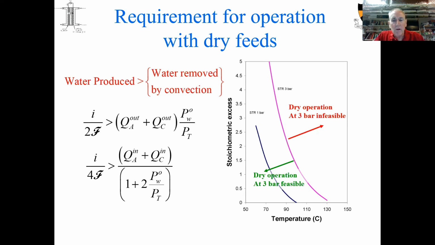An important point to realize is that you don't need low temperatures to operate with dry feeds. We can operate at even higher temperatures if we go to higher pressures. We do need to choose the operating conditions where we control the vapor pressure of water and the flow rate stoichiometry, so that we always have the water being produced exceeding the water being removed.